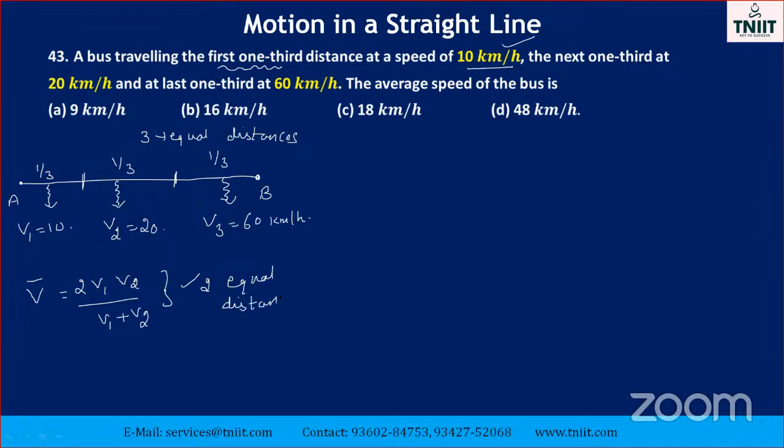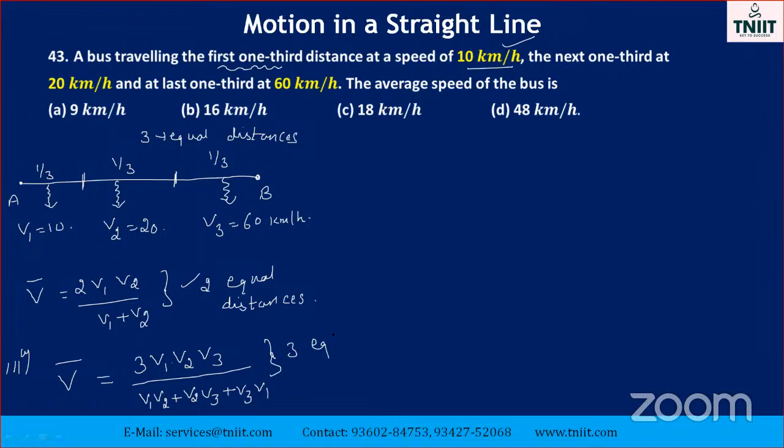Similarly, for 3 equal distances, remember the formula: the average speed is 3 times V1 V2 V3 divided by V1 V2 plus V2 V3 plus V3 V1. So this is for 3 equal distances.